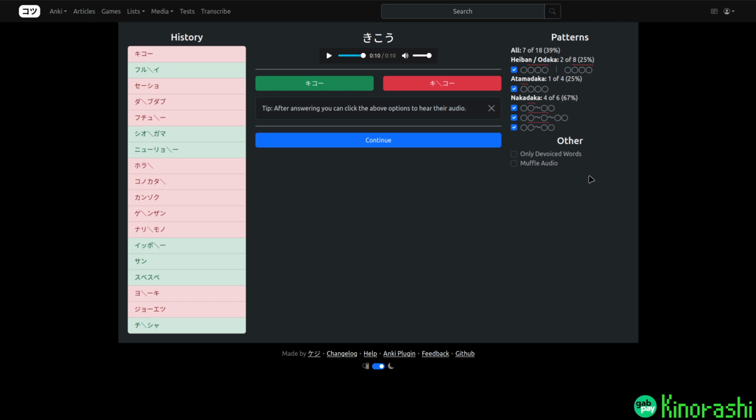In atamadaka, you have high low, and there's no vertical line to that because it follows the pitch after that. And in nakadaka, low high low, there's nothing after it because it follows the pitch after that. The only one with a change in pitch in the character after that would be odaka.